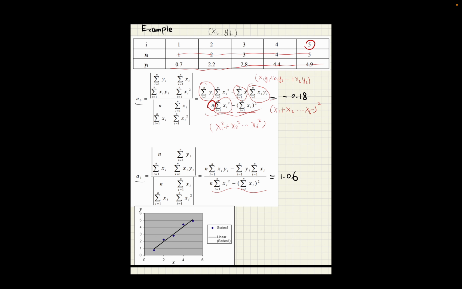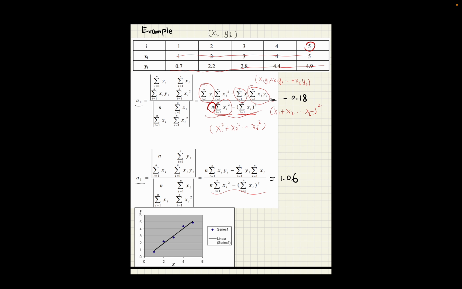Now earlier I have plotted the graph of these 5 points. As you can see here, these are 5 points, and this line is actually y equals minus 0.18 plus 1.06x. The performance is pretty good, yes.